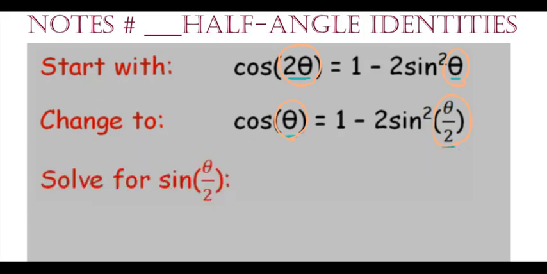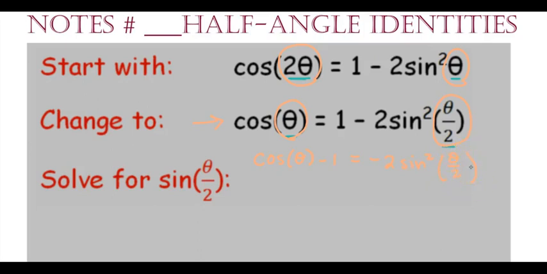So what I'm going to do is take the equation right here and isolate sine of theta over 2. And theta over 2 is going to represent a half angle, half of theta. Okay, so looking at the equation, let's subtract 1 from both sides. So now we have cosine of theta minus 1 equals negative 2 sine squared of theta over 2.